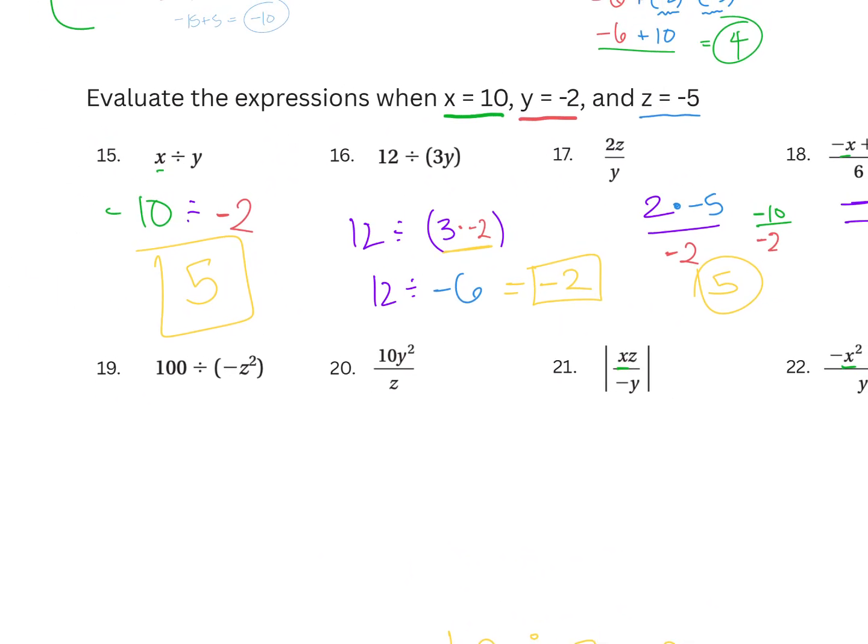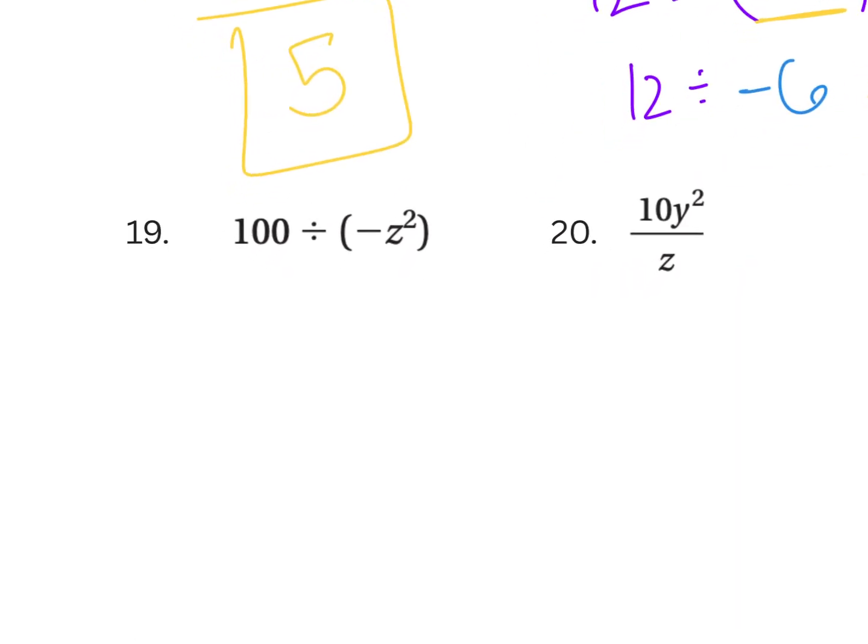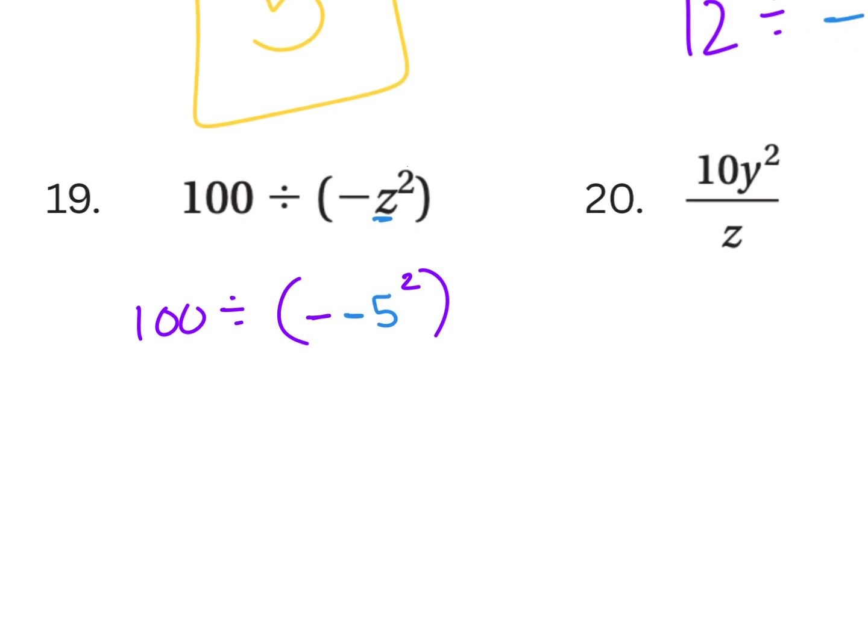100 divided by, let's see, z is -5. So -5. I'm going to put that, and then there's a negative in front of it. There's a 2 right there. There is a parentheses here divided by 100. So one thing I want to clear up is this is squaring the z, and this is z right here, okay?